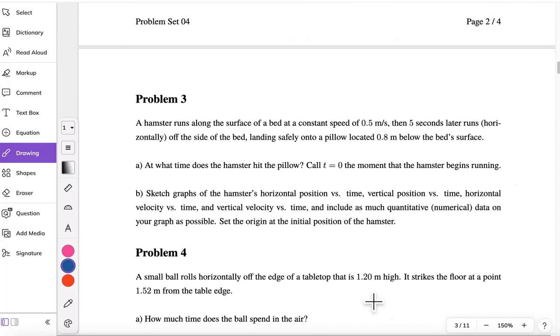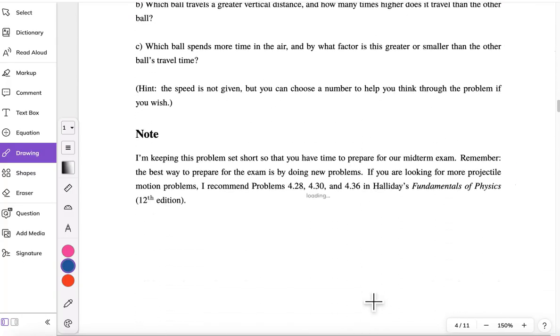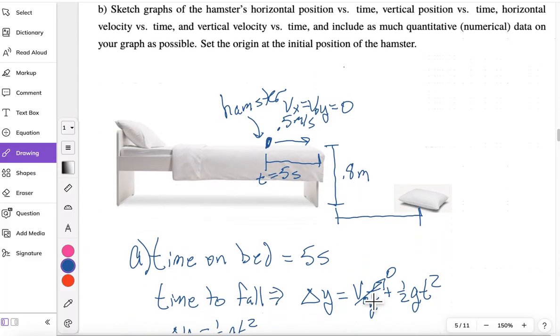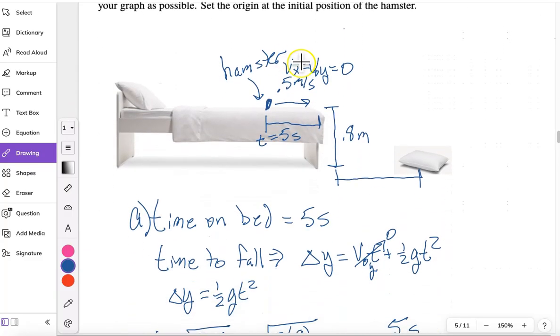If we go to the next one, which is number 3, we have a hamster running across a bed. And then it jumps off, and when it jumps off, it goes whee, and it comes down onto that pillow. They want to know the time it takes for it to go from here across the bed and then come down to the pillow.